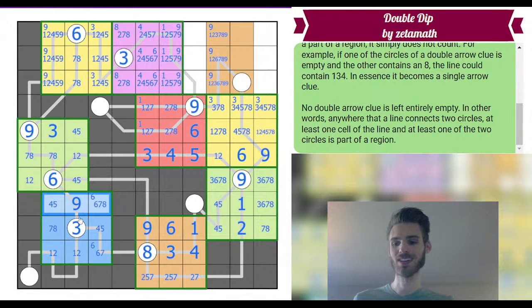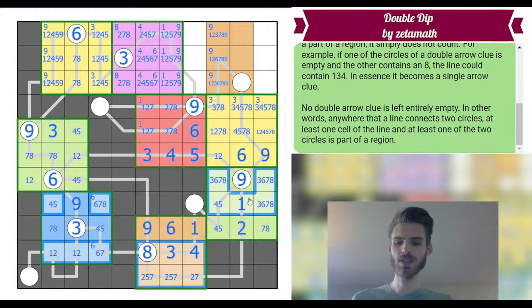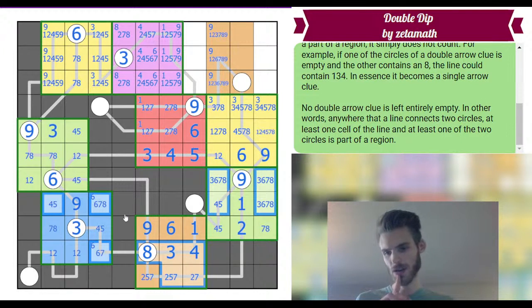Why you do this? Okay, I already have my 9s. I already have my 1s and my 2s, sort of. Let's just say this one's a 2. I need a 3 in here. I already have 2 of 4 and 5.